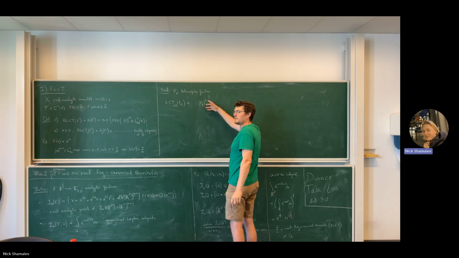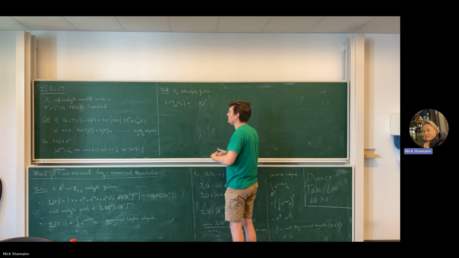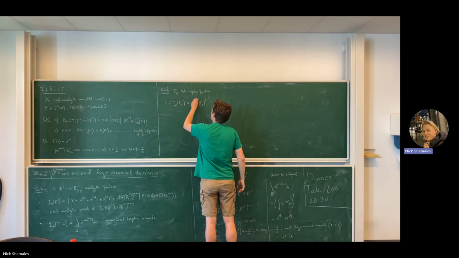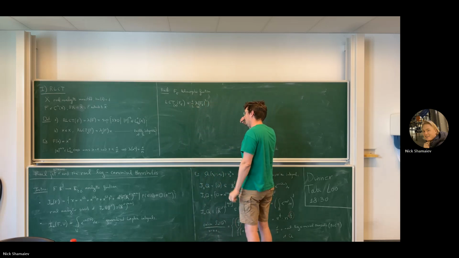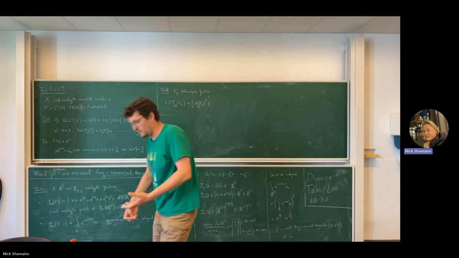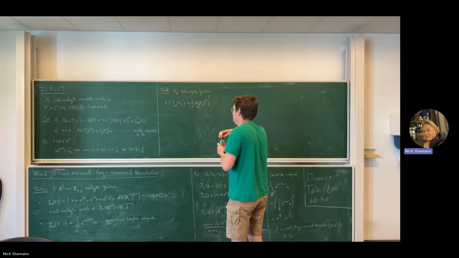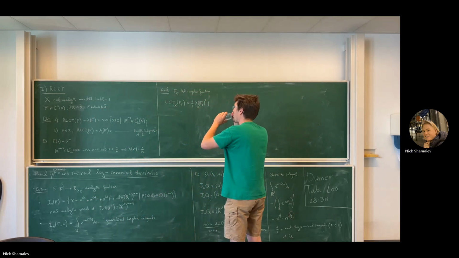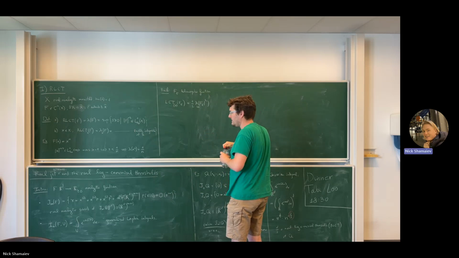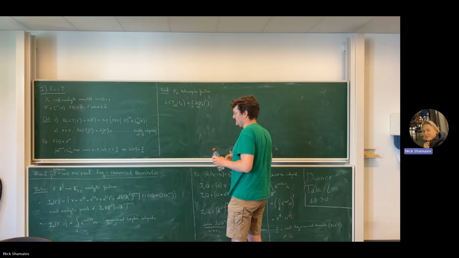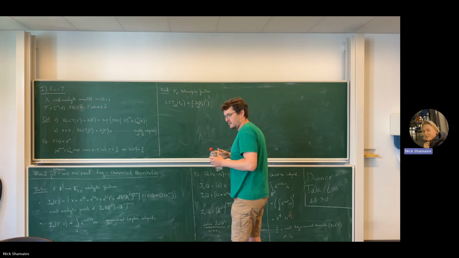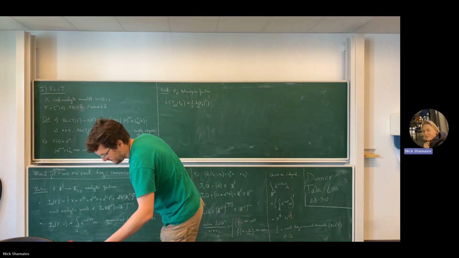Now that's a real analytic function on the underlying manifold, and you take lambda of this. So the real log-canonical threshold is in this sense a generalization of the complex one. We will see that in some ways it's very similar, and in others it's quite different.